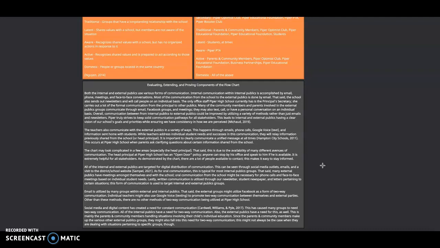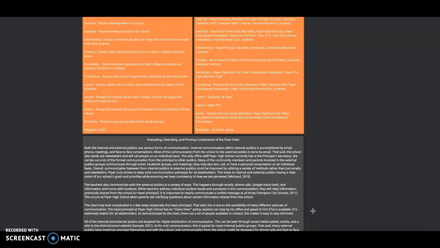If they're involved in the other groups, then I think they just want something informative, they don't need the two-way communication, but when it comes to their child's education, they want answers, they want them now, they want that constant communication. And so I think it's a little gray area in there with the parents and community members.